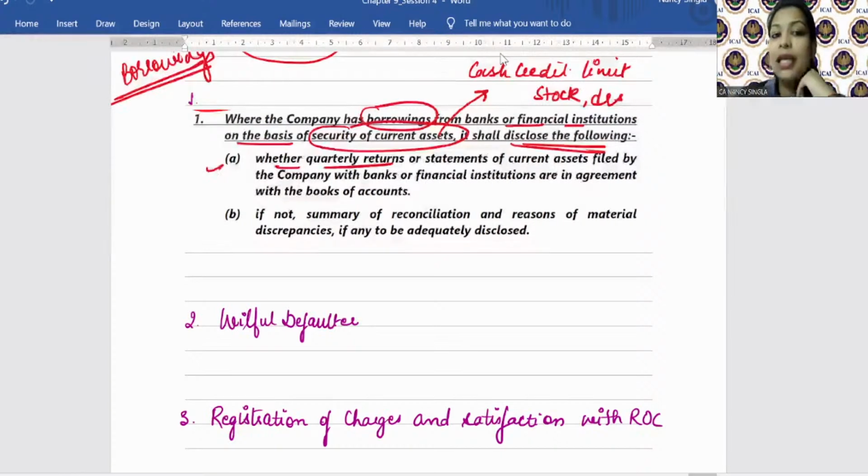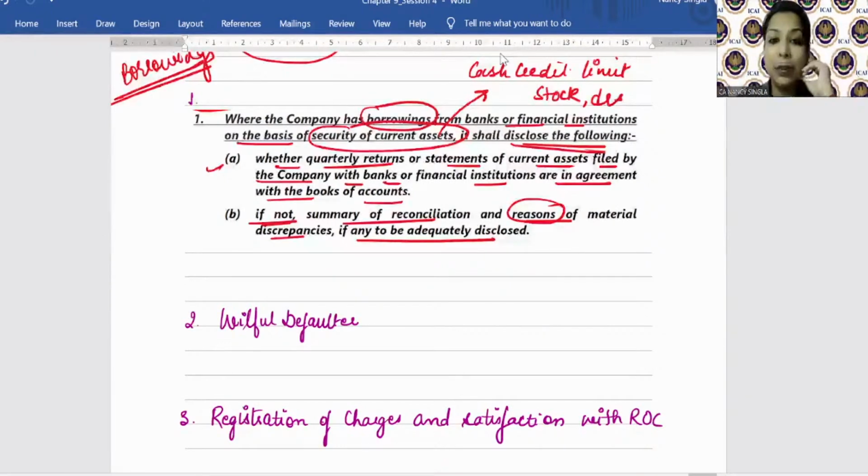Whether quarterly returns or statements of current assets filed by the company with banks or financial institutions are in agreement with the books of accounts. And if not, a summary of reconciliation and reasons for material discrepancy, if any, to be adequately disclosed.